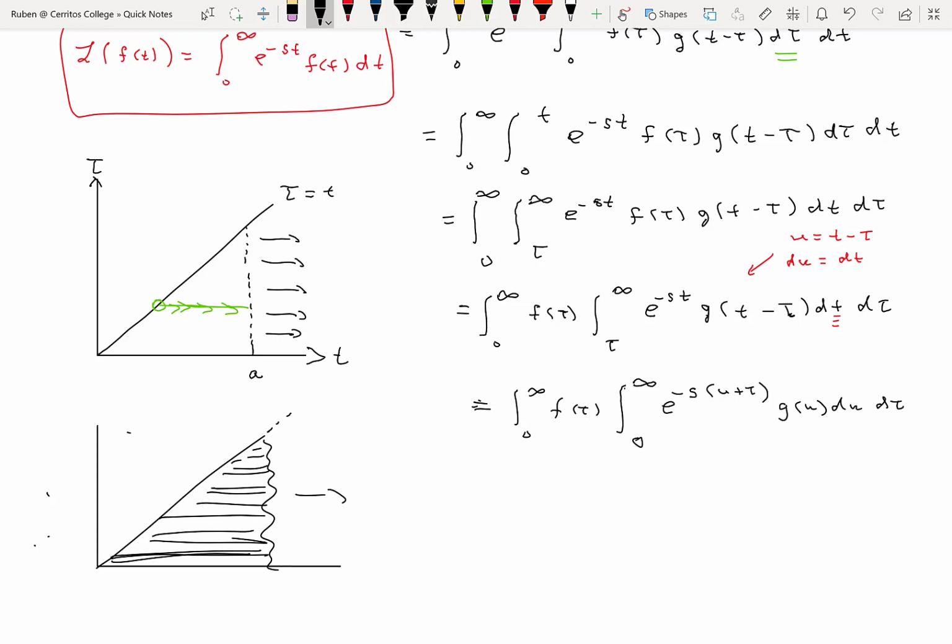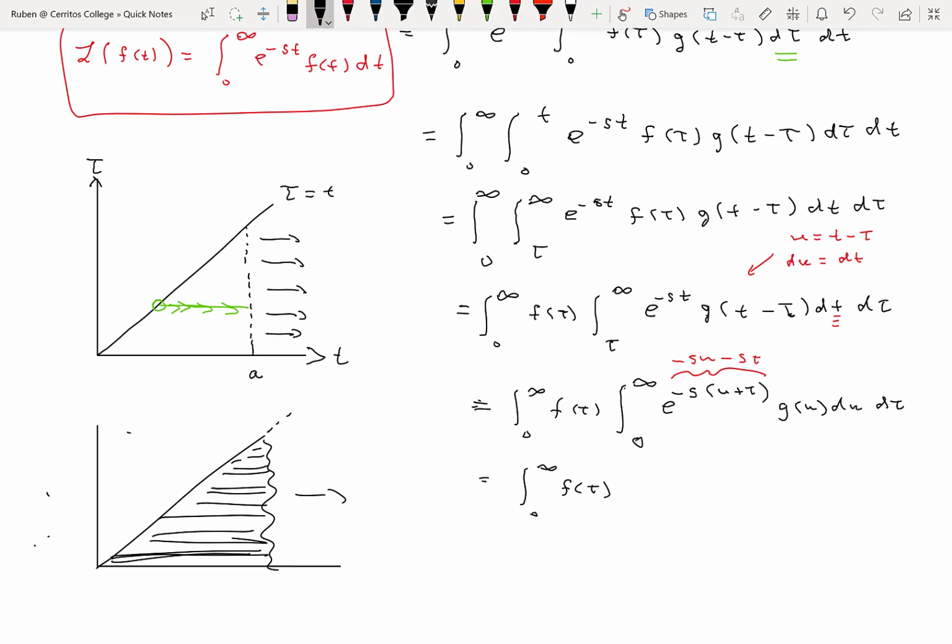So let's fix that. Let's deal with that. Well, the e to the minus s times u plus tau, what I can do with that negative s is distribute it inside. So this becomes e to the minus su minus s tau.